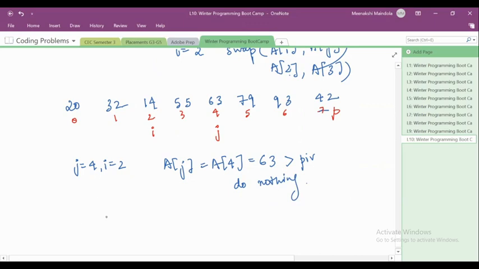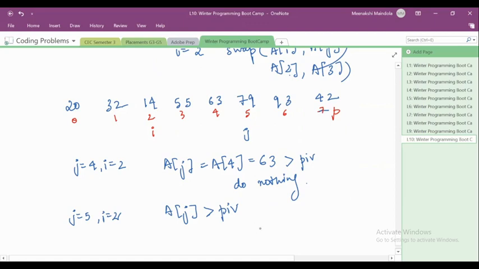Now we move to the next iteration where j is 5, I remains at 2 only. Again we compare A of j, and we see that A of j is greater than the pivot element. So 79 is greater than the pivot element, which is 42.